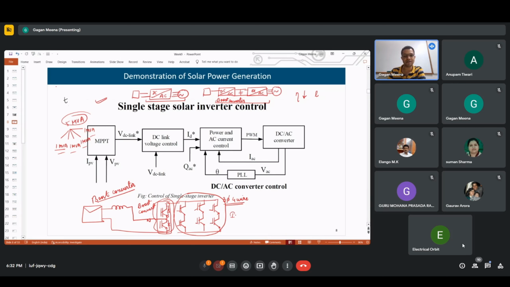Here the perturb and observe algorithm has been used. Another algorithm is incremental conductance. Wind velocity is the input for this block, then it will generate a reference speed which will be compared with the rotor speed, and then there is a PI controller.